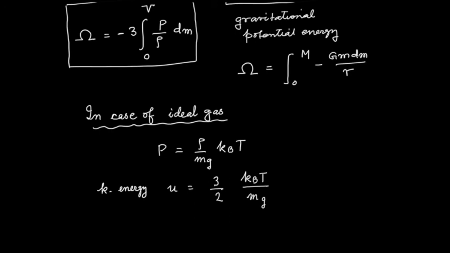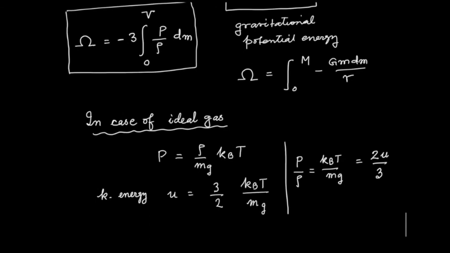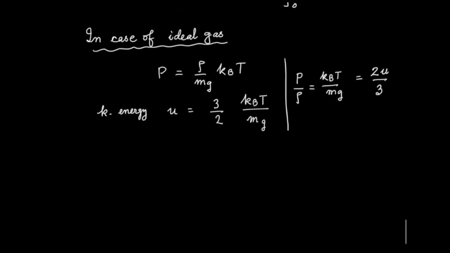So you see, kBT by mg comes in both the expression of P and this. So from these two, I can write P by rho, which is kBT by mg, as 2U by 3.